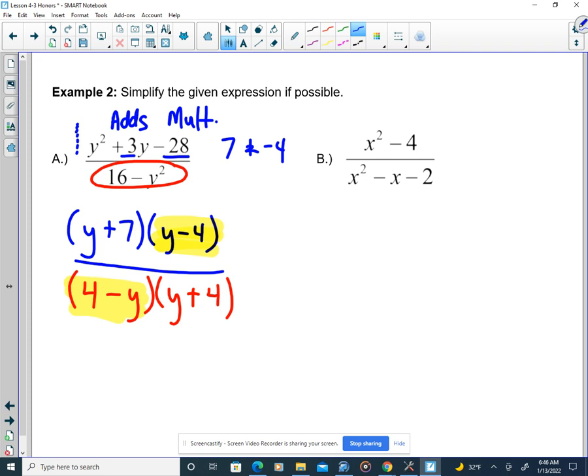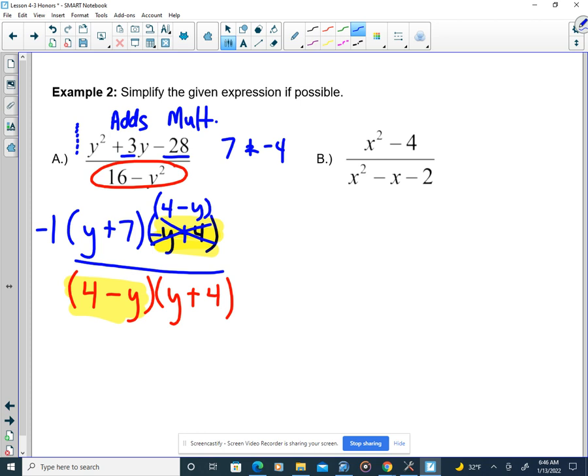I'm going to do it on the top. If I put a negative 1 here, that changes the y to a negative and the negative 4 to a positive. So this is really now 4 minus y on top instead of negative y plus 4.